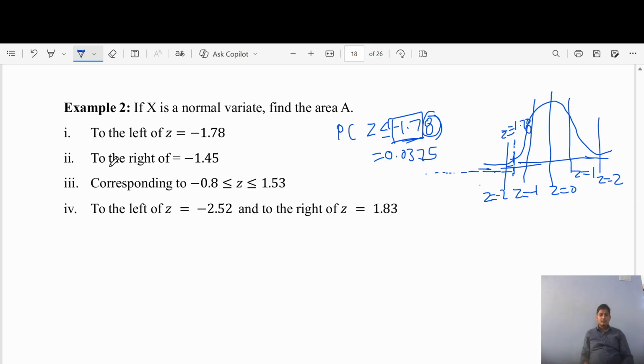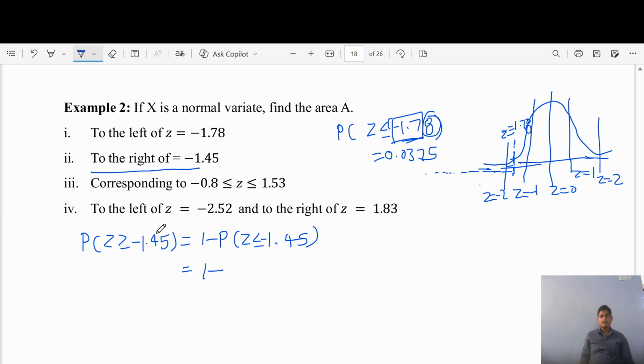To the right of this means P of Z greater than or equal to minus 1.45. So this becomes 1 minus P of Z less than or equal to minus 1.45. Okay. So if we evaluate the things, this is 1 minus this area.